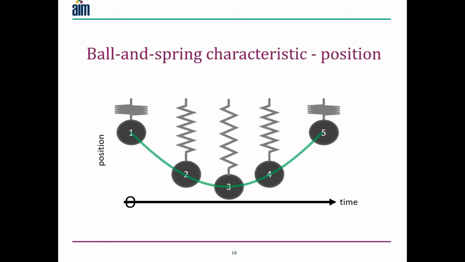And if you've done this in college, you know that this is actually a harmonic motion. So if you can think of this spring as an ideal spring which can be compressed the other way, then this would result in a harmonic sinusoidal oscillation of the ball and the spring in time.